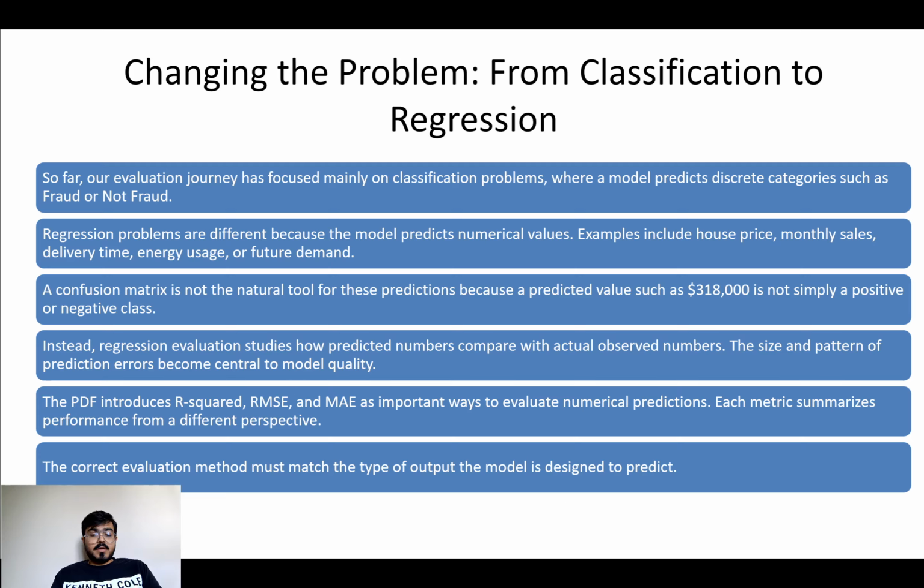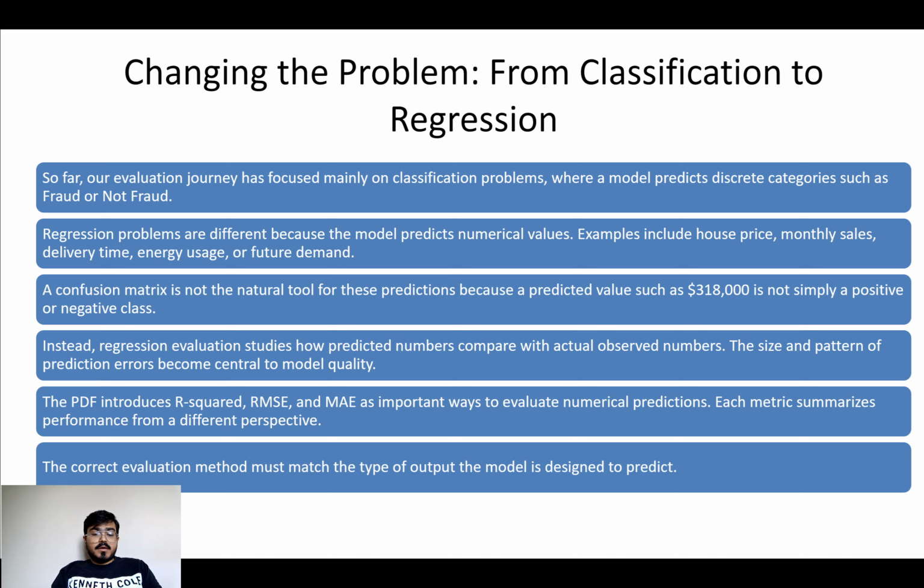Because the model predicts numbers instead of classes, we can no longer use a confusion matrix or classification metrics such as precision and recall. Instead, we need evaluation methods that measure how close the predicted values are to the actual values.